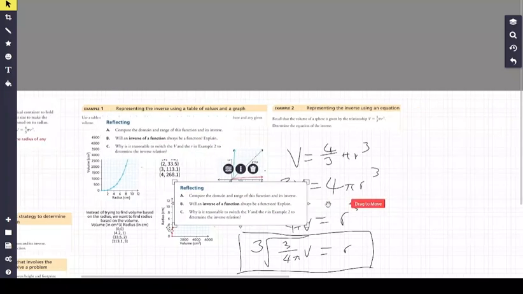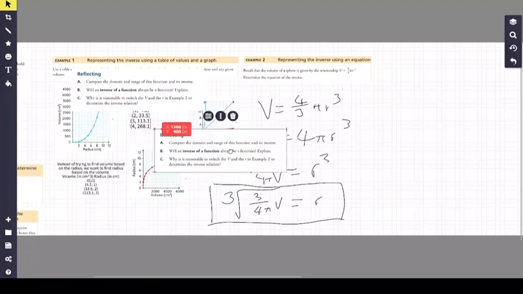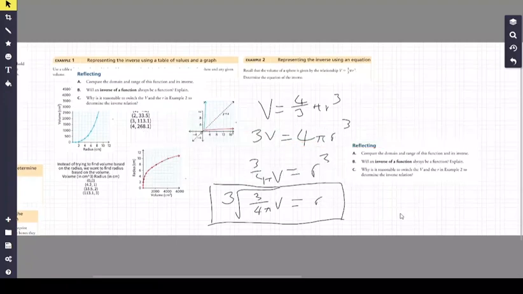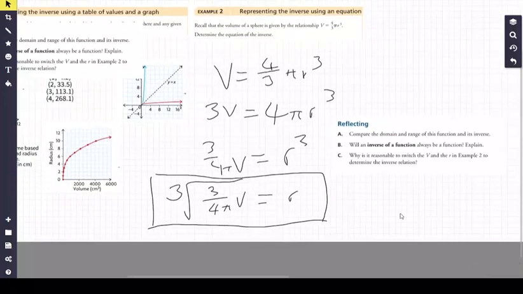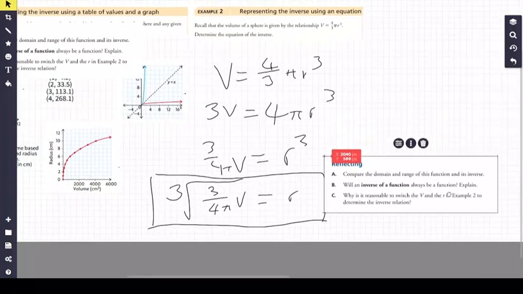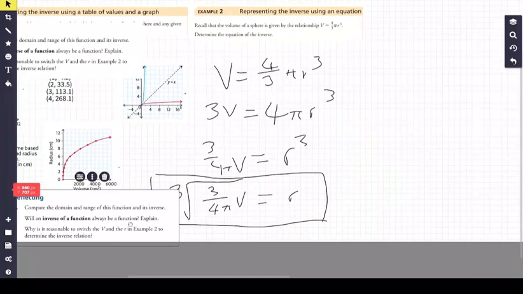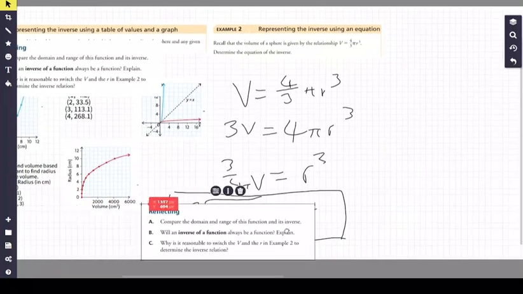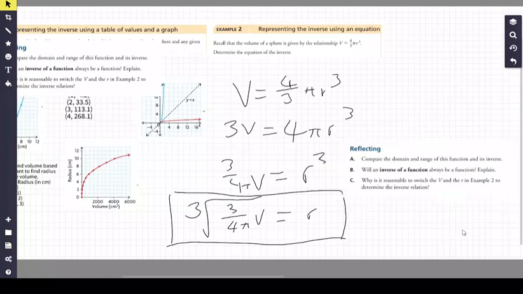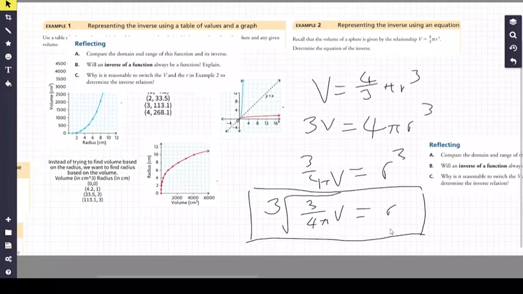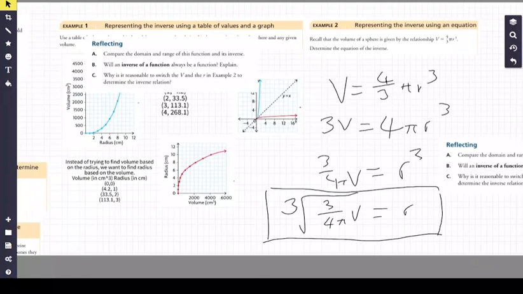Okay, reflection. Let's go ahead and compare the domain and range of the function and its inverse. So let's look at this. Okay, well, we kind of can't do it. So what's the domain that we have for our original function?